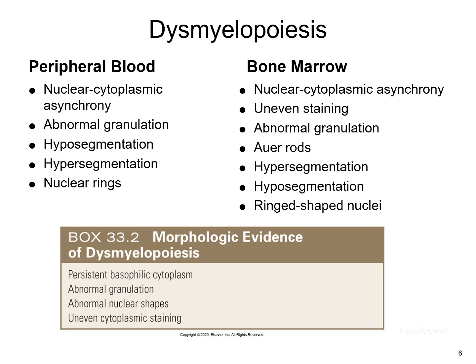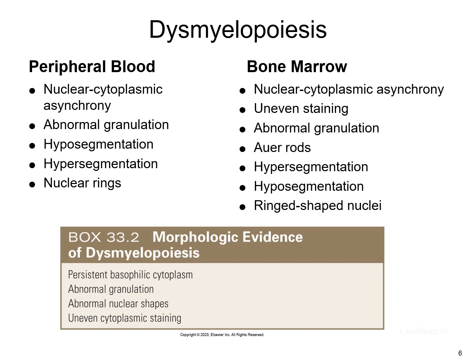Dysmyelopoiesis, as it suggests in the name, does affect the myeloid line. So on your peripheral blood smear, if you have white blood cells that are a little bit more basophilic in color for that cytoplasm, so it's a deeper, darker blue than what you would otherwise see in a normal mature white blood cell, then that could indicate a nuclear cytoplasmic asynchrony.